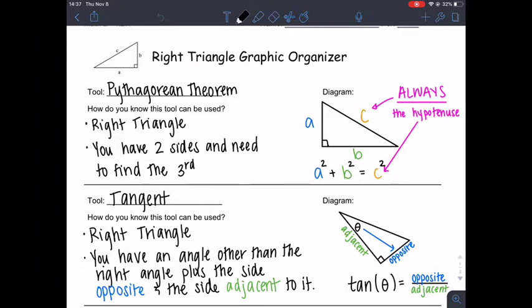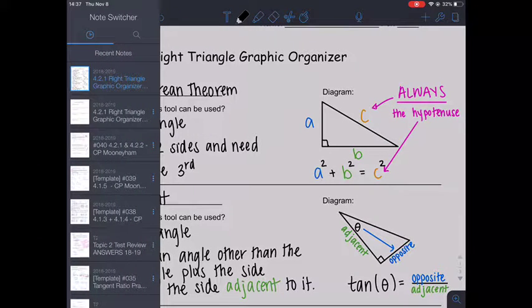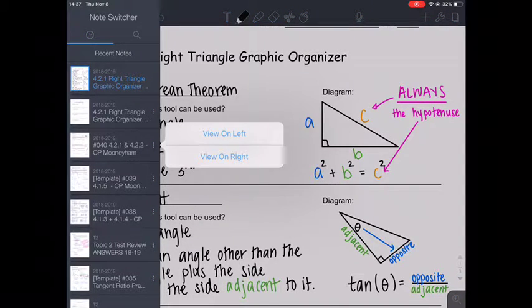Now that you have these copied down, we're going to use tangent in order to solve for some right triangles. Now remember, if you slide from the left-hand side in Notability, you'll be able to split your screen with two documents, so you can still have this graphic organizer open. And then you can come to assignment number 40 and hit the three dots, and you can view it on the right or the left.